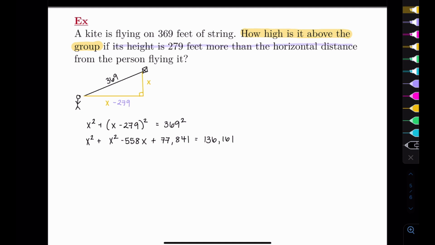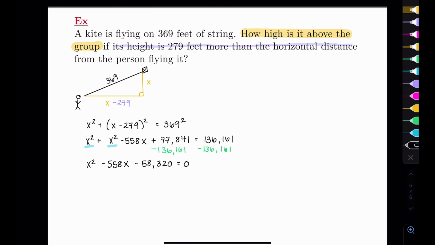So in setting up this Pythagorean theorem, we end up with a quadratic equation that we need to solve. So going through our process, we got to get 0 on one side. So much easier to just move this constant over by subtracting it. The other thing we can do is we have an x squared and an x squared, so we can make that 2x squared. So we have 2x squared minus 558x, and then if you subtract this, it'll be negative 58,320, and that has to equal 0.